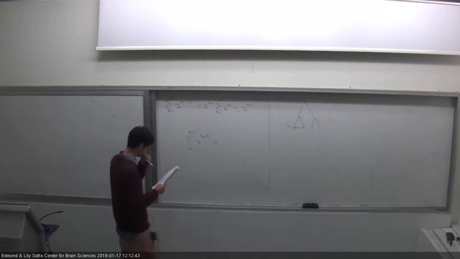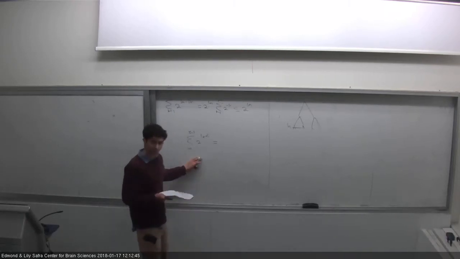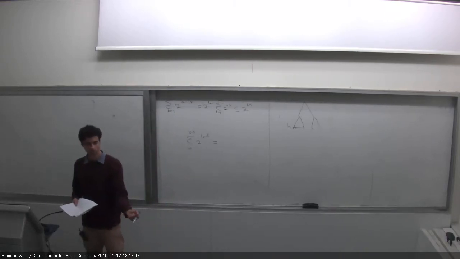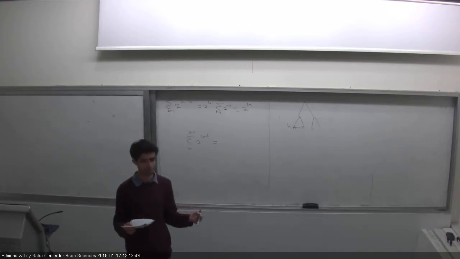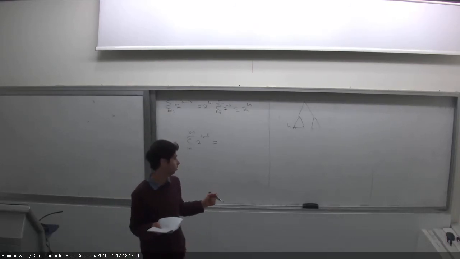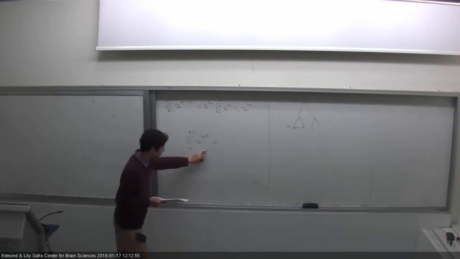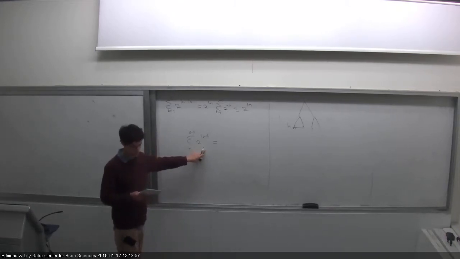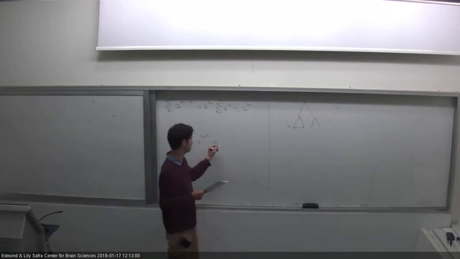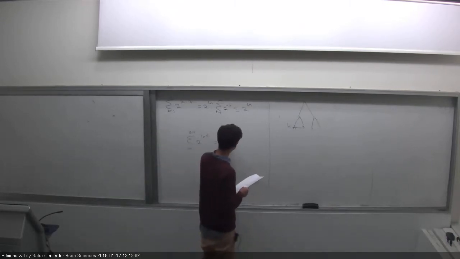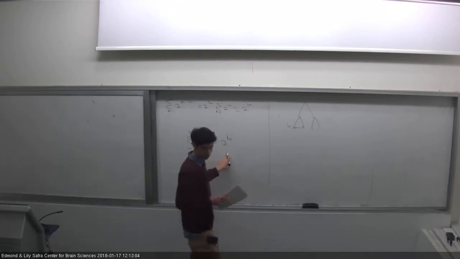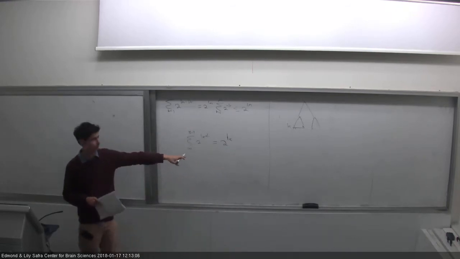Now, if I assume by contradiction that I don't have any leaves of this tree to choose, that means that this summation is equal to 2 to the Lk, right? Because I don't have any leaf to choose.